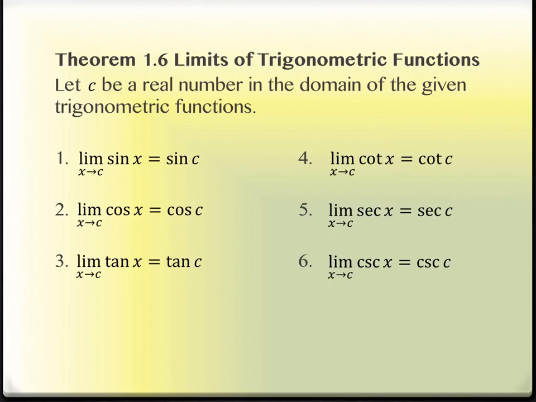All the functions we've had up till now have this ability. It has to be a number that's in the domain. So there are some domain issues with trig functions, not with every trig function, but with some of them. So I'll let you write those down, and then we'll keep talking about those domain issues.